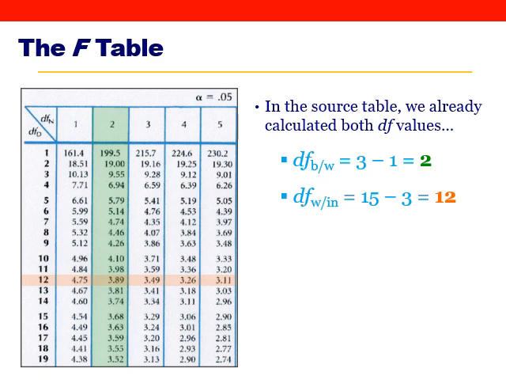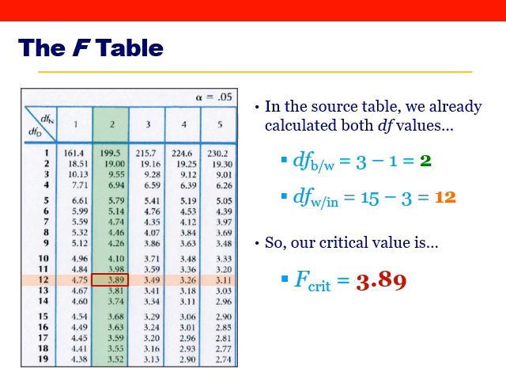So if we find the corresponding rows in our table and we find where they intersect, that gives us our critical value for this test, which in this case is 3.89. The next step, as we've done many times before, is to compare our critical value against the F statistic that we just calculated, which will allow us to make a decision about whether to reject or retain the null hypothesis.